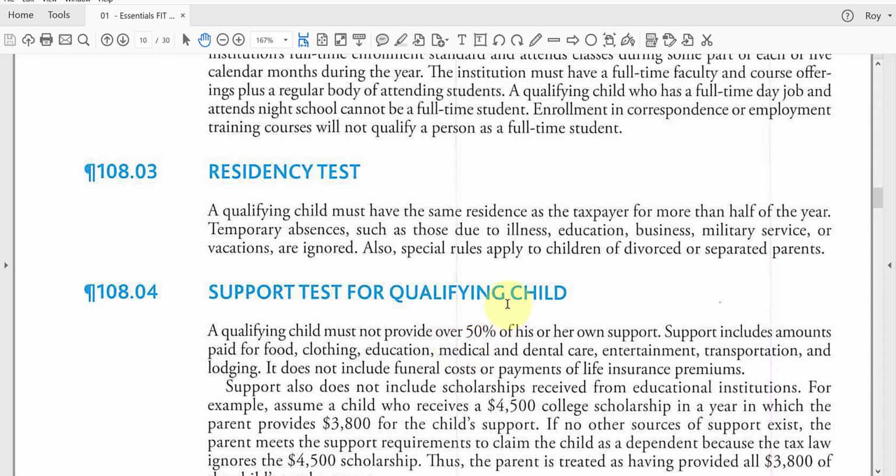If the child is paying more than half of their own support costs, you don't meet this support test. Again, it's not logical. We're not talking about the taxpayer supporting the child. We're talking about the child supporting him or herself. And if the child is supporting him or herself for more than 50%, you do not meet the support test, and the taxpayer cannot claim the child as a qualifying dependent.